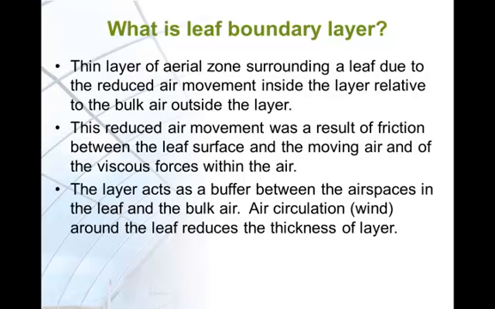So what is leaf boundary layer? Leaf boundary layer is basically the thin layer of aerial zone surrounding a leaf due to the reduced air movement inside the layer relative to the bulk air outside the layer.